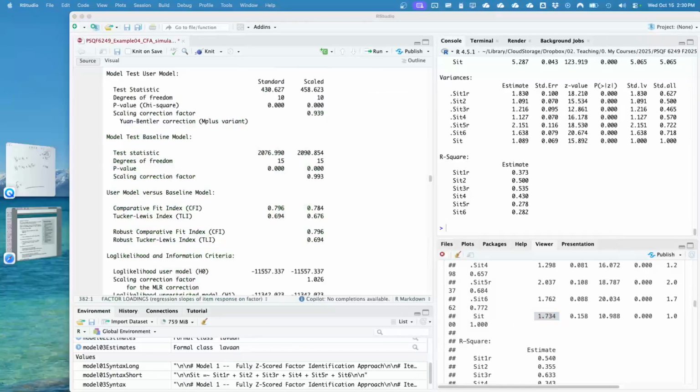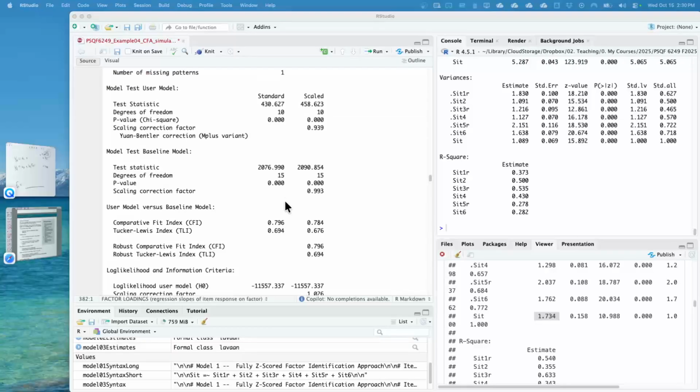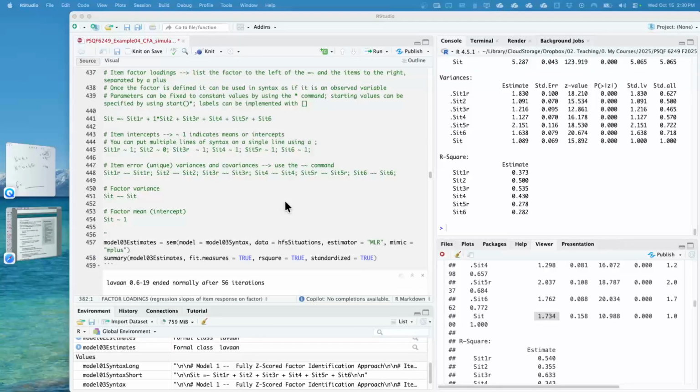Keeping it weird. We're back at it. Okay, so again, the point I'm trying to make is that there is no one true factor scale. Whether we use a marker item or standardize, these are different ways of saying what the mean of the factor happens to be. There is no wrong answer to doing that from a purely measurement model perspective.